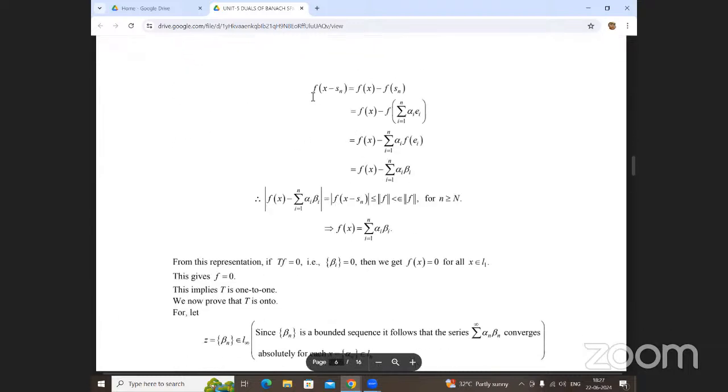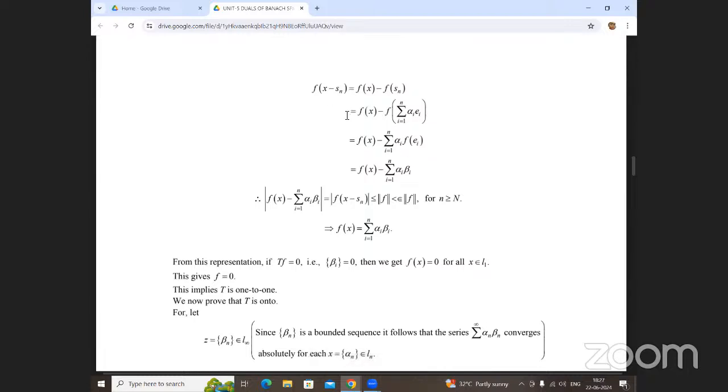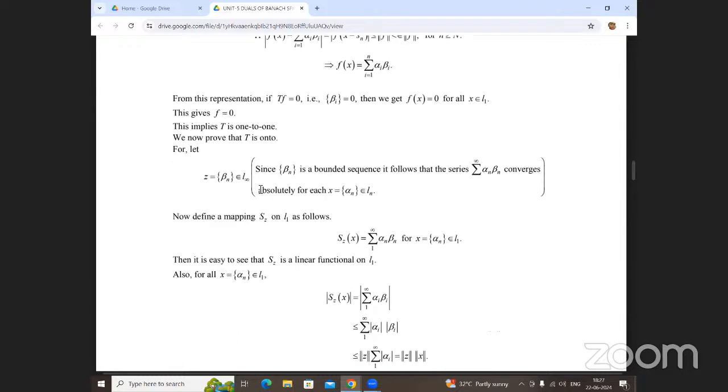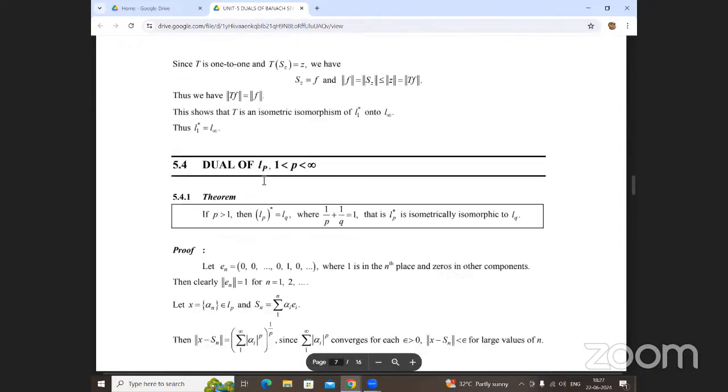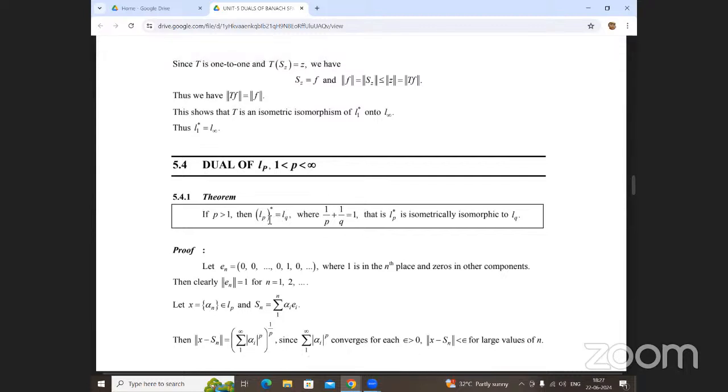Now it is easy to understand, because you must only present the steps. Next one, number 5.4.1: the dual of l^p equals l^q, where the condition is p greater than 1 and 1/p plus 1/q equals 1, because l^p star, the dual of l^p, is isometrically isomorphic to l^q. You already have to define this definition.